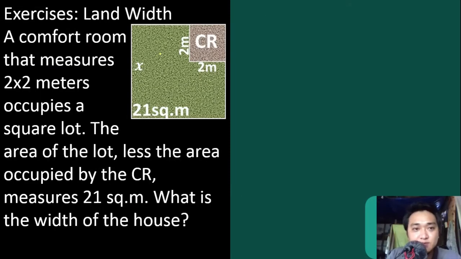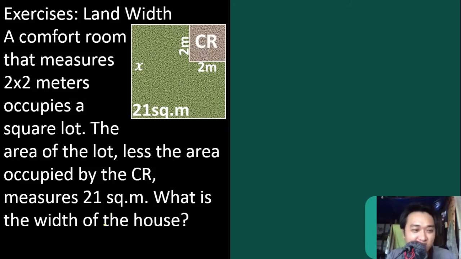For our third word problem, this again involves area, the area of lots. Let me read the problem to you again. A comfort room that measures 2 by 2 meters occupies a square lot. The area of the lot less the area occupied by the CR measures 21 square meters.